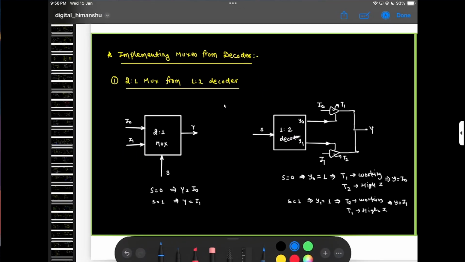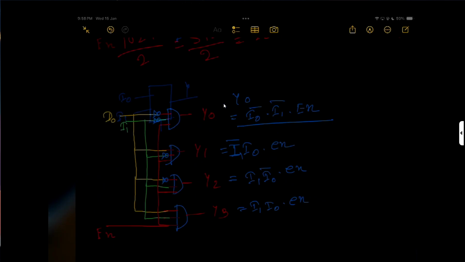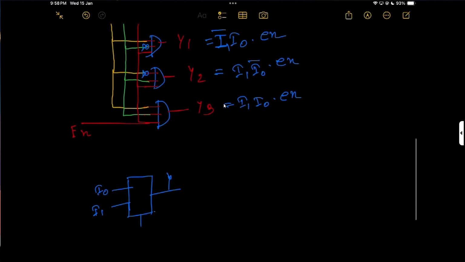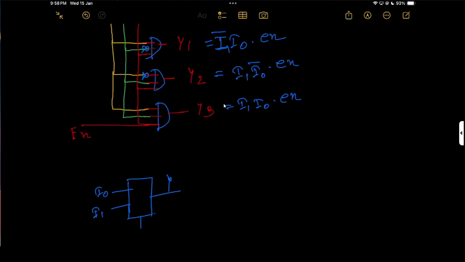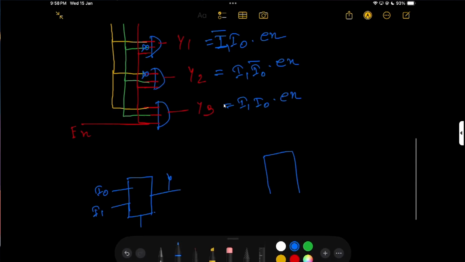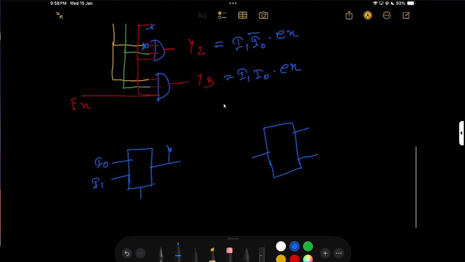So you want to make a 2 is to 1 mux from a 1 is to 2 decoder. And for the decoder, how does it look like? Your decoder looks like 1 is to 2. So how do you get the output?